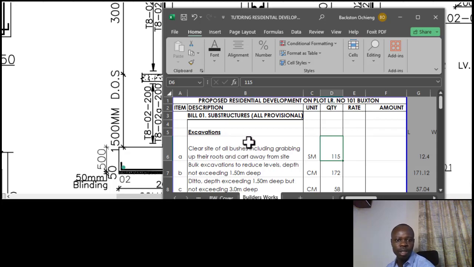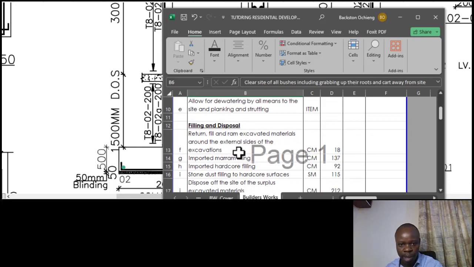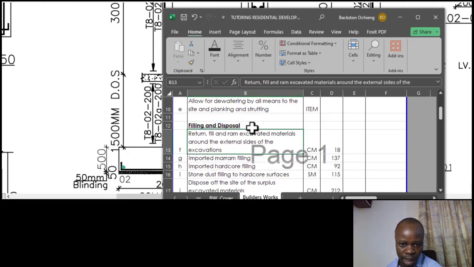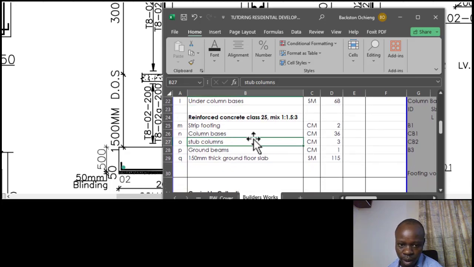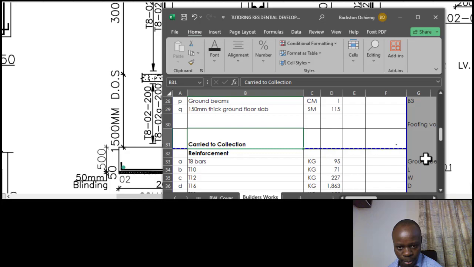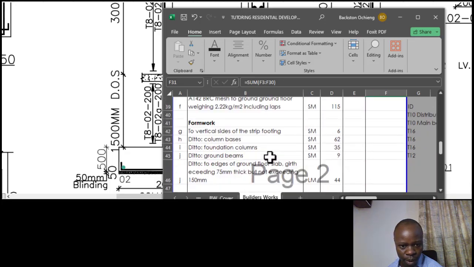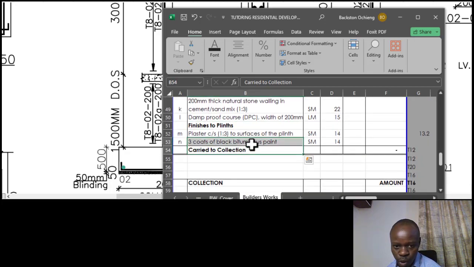So this is A. Just confirm the items, because you don't want to do a proper document and then the way you've itemized your items is very much off. That would really be terrible. Perfect, so this looks okay. Page 1 looks okay. Then we go to page 2. JK, this one also looks okay.